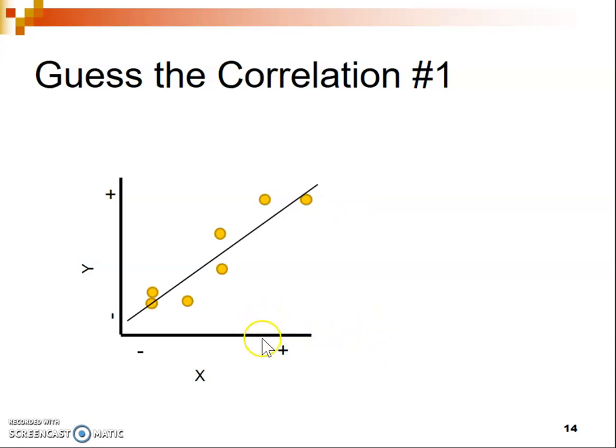The actual numerical value of the correlation depends on whether these data points are falling exactly on this line, or whether they're far away from the line. The closer our data points are to this line, the stronger the correlation is. This example is a correlation of 0.94.